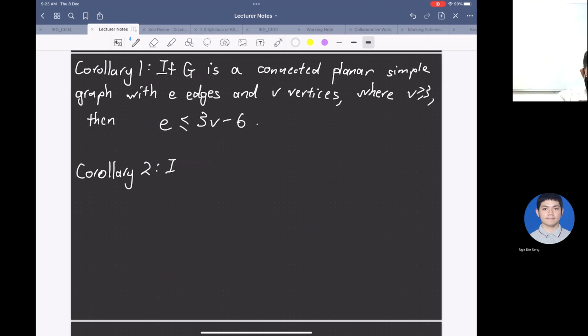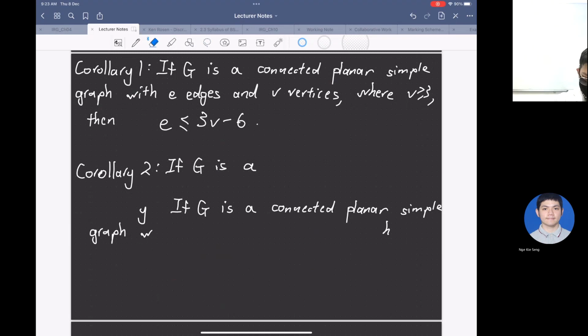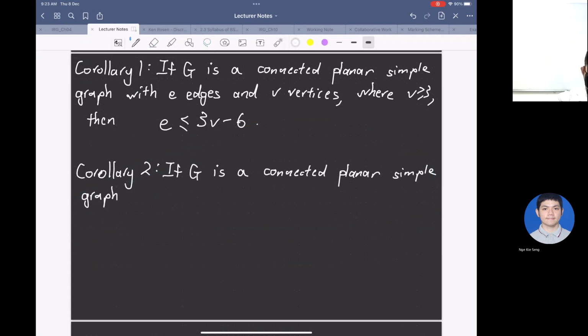So if G is again a connected planar graph, then G has a vertex of degree not exceeding 5.